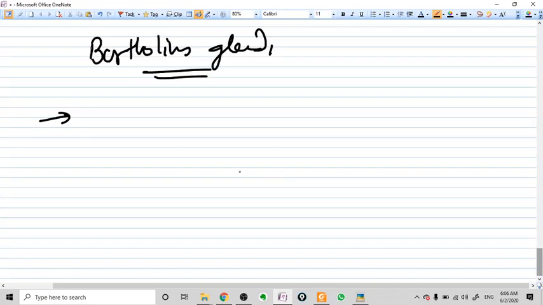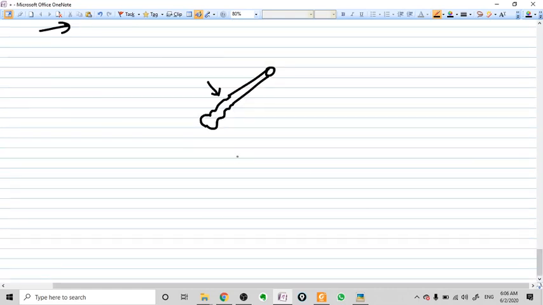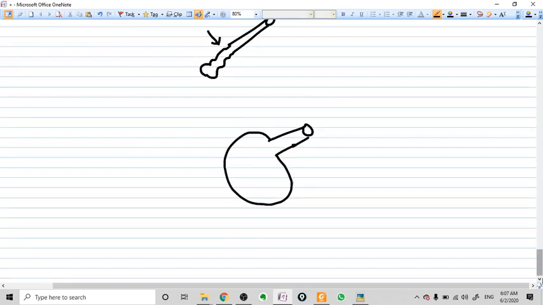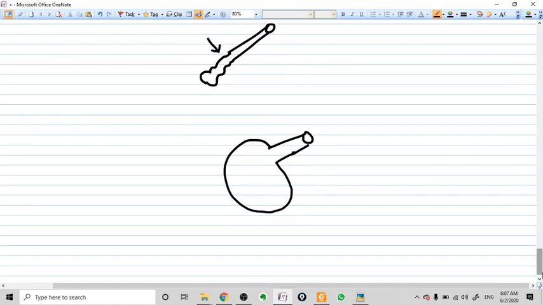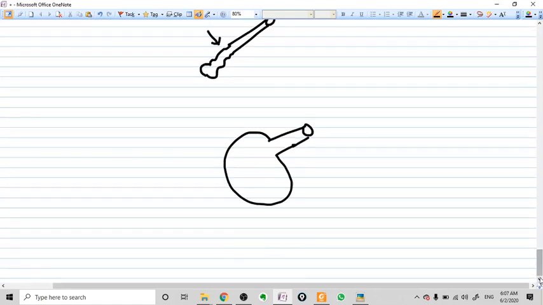Otherwise, Bartholin glands are just shrunken, having their gland. But when there is an infection inside there, the accumulation of pus and other material makes it globular and tense, and it's very painful also. So that's why you need to understand the anatomy of Bartholin gland.